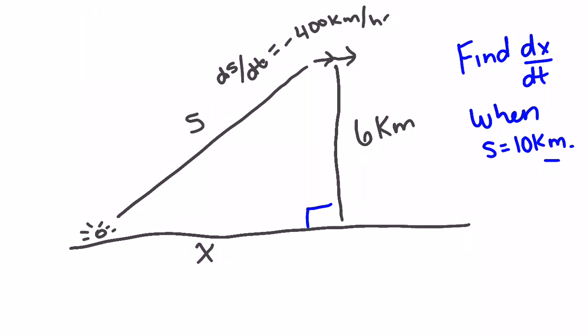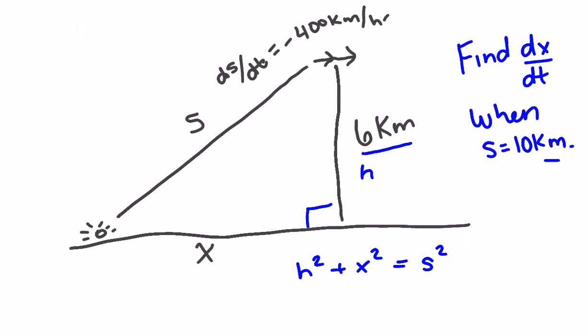But in this case, we're talking about the three sides, so I'm going to call this side over here, this height, I'm going to call it h. The Pythagorean theorem says leg squared plus leg squared equals hypotenuse squared. So the equation we're going to use is h squared plus x squared equals s squared.